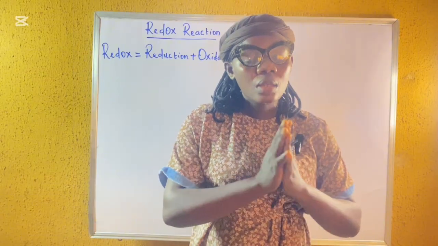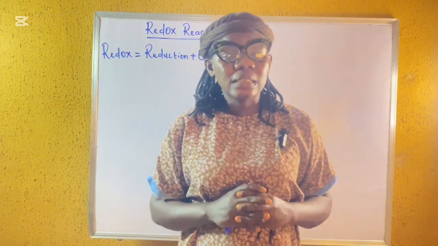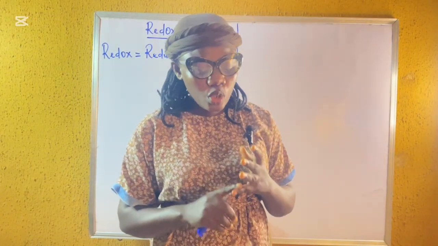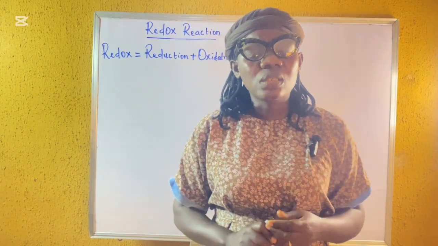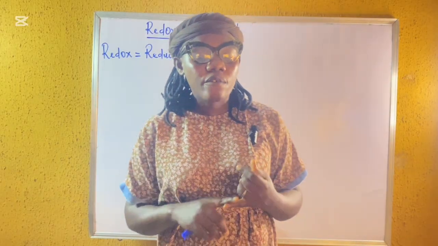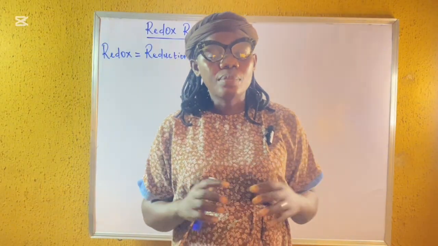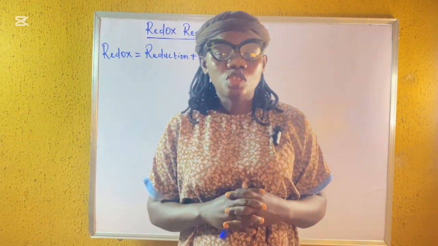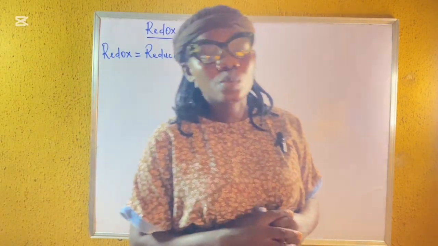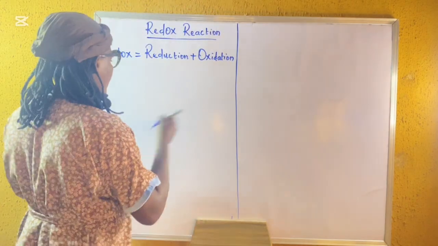They work together. So let's look at the definition of reduction and oxidation in terms of oxygen, in terms of hydrogen, and in terms of electron transfer. Please follow me as we get into it.